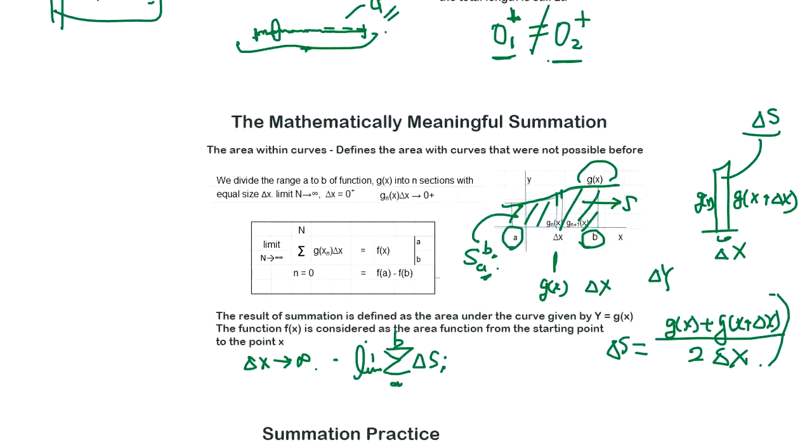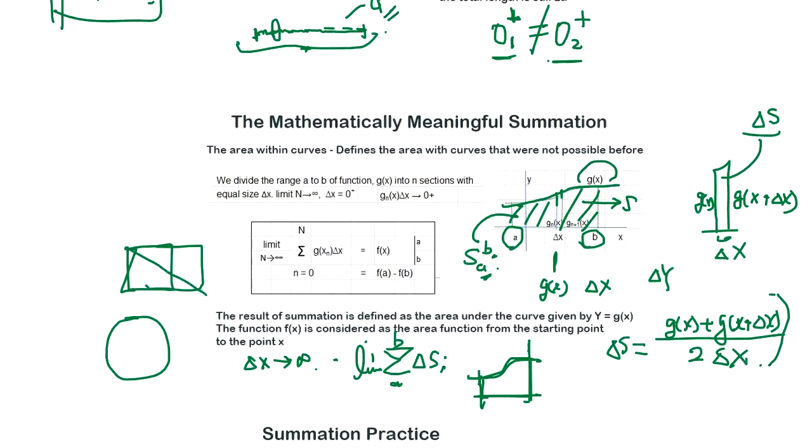Okay, so this defines the area of a curved region surrounded by a curved line. Well, this side is a straight line, but this is a curved line. And we didn't have a definition of area surrounded by a curved line except for the circle, and we had the square, rectangle, and triangle in algebra 2.